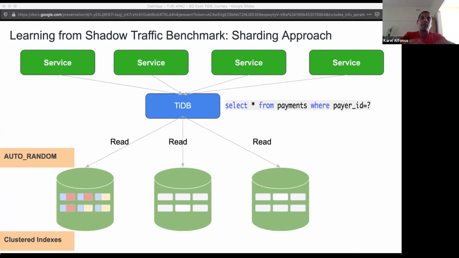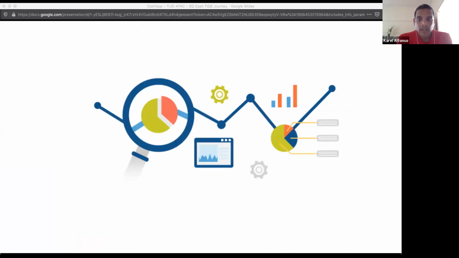But this is very simplified. The idea is that you want most of the data for your query access pattern to touch the least amount of servers or nodes. And this is a proposal for which there are issues already created in GitHub. Next slide, please.